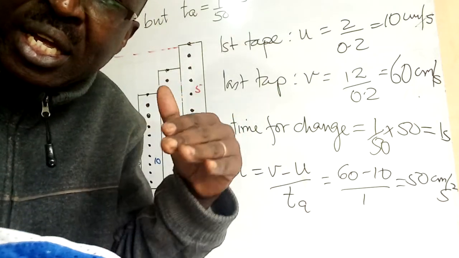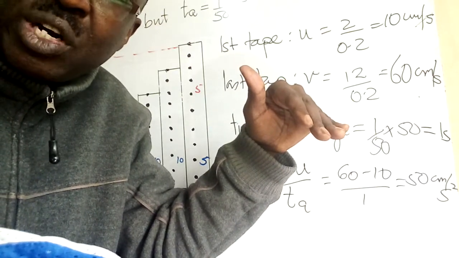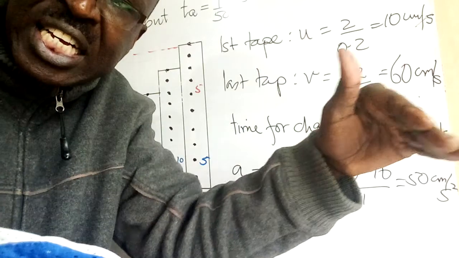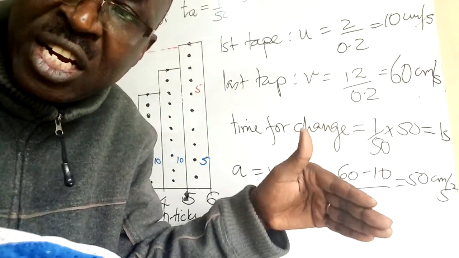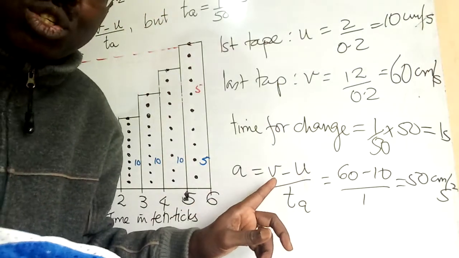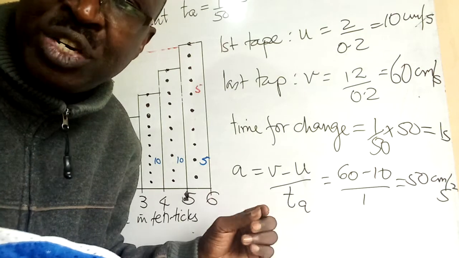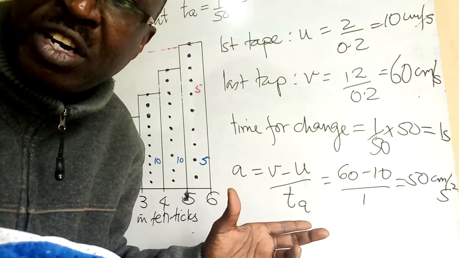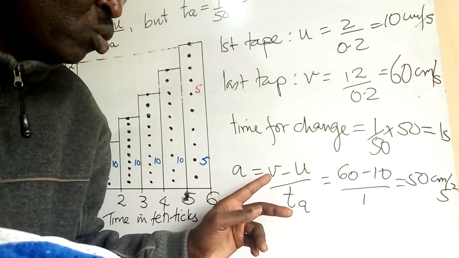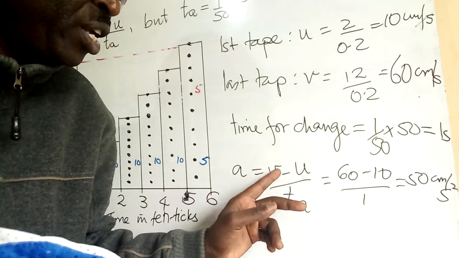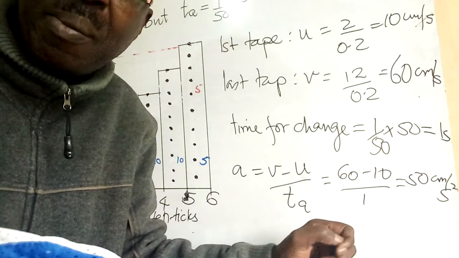The trolley, when you release it on an inclined plane, will not move in a zigzag manner. It will move in a specified direction. So be careful. You can be asked, what is change in speed? You deal with figures. If it is velocity, it is in a specific direction. So if you substitute V, U, and T_A, you end up with 50 centimeter per square second.